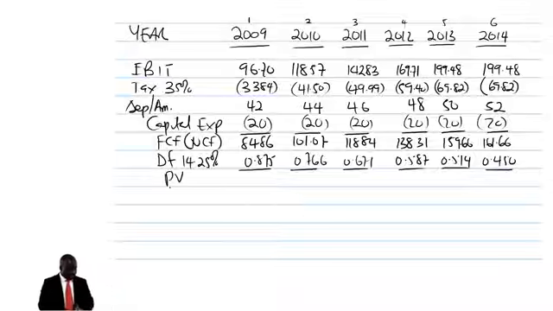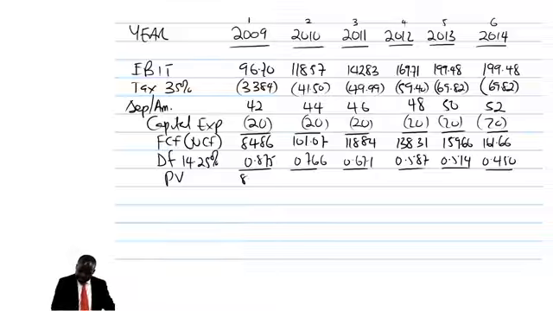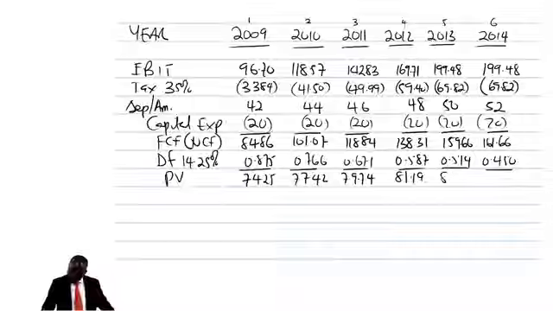When I multiply, it should give me the PV. And how many figures am I going to get? When we multiply, it's giving us 74.25, 77.42, 79.74, 81.19, and this is 82.07.